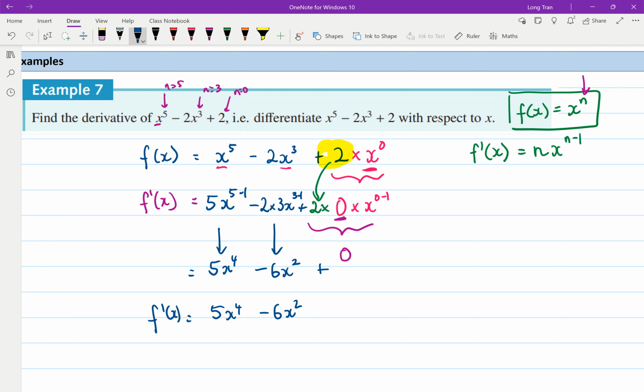So that's the shortcut. Instead of doing first principles, you're saying you've got a gradient function. So I'm going to write it again. This is a gradient function. It's not the gradient, it's just a gradient function. It means that you've got a rule to figure out the gradient at any point on the curve. That's what you've got here.